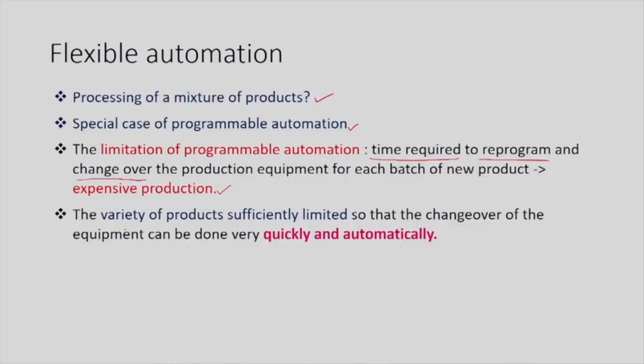But for that we have to restrict the variety of products handled by that equipment system. So, let us have a limited variety of products in the part family, so that we can quickly and automatically change the setting. That quickness and automatic changeover will reduce the lead time and enhance the production efficiency, or we can say the productivity.